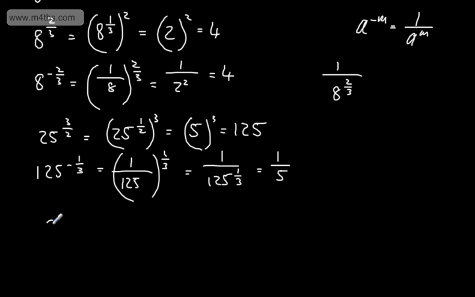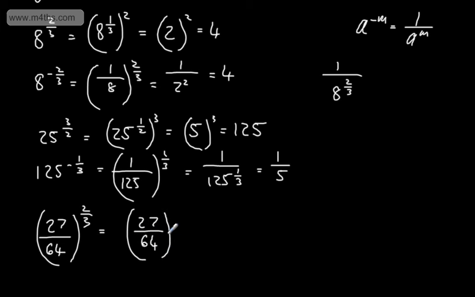Let's say we had now 27 over 64, and this was now raised to the power of 2/3. So we're going to take the cube root of now the numerator and the denominator and then square it. So if I wanted, I could write this as 27 over 64 to the power of 1/3, and then I would just go ahead and square that.